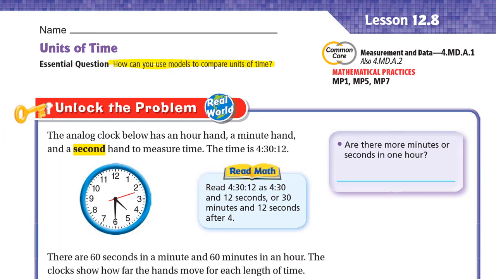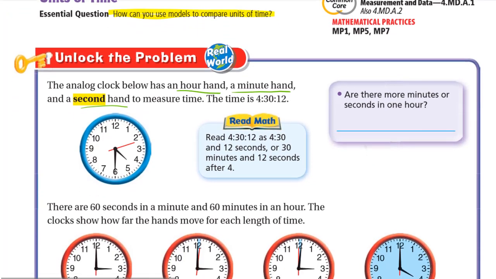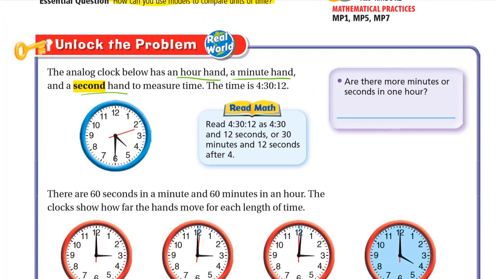The analog clock below has an hour hand, a minute hand, and a second hand to measure time. The short hand is for hours. It's after 4. It didn't go to 5 yet, so it's 4 o'clock. The minute hand is at 6, which is half, or 30 minutes.